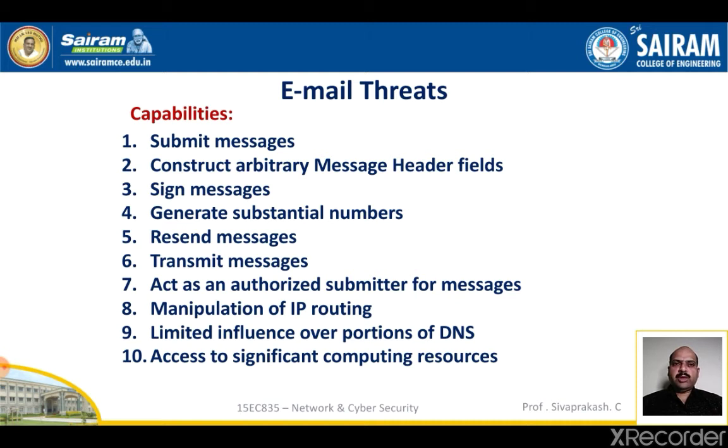This could allow the bad actor to perform various types of brute force attacks. The last one, the ability to eavesdrop on existing traffic, or perhaps from a wireless network. So these are the 11 capabilities of the email threat.